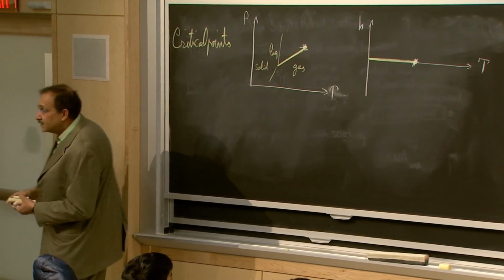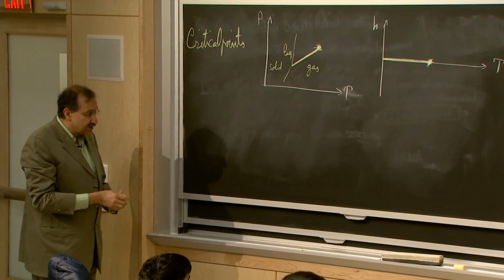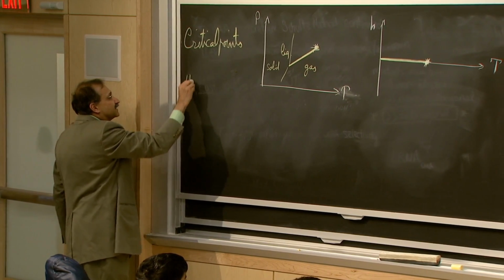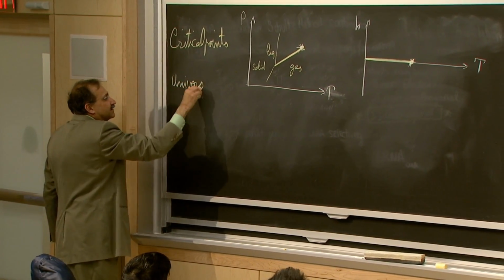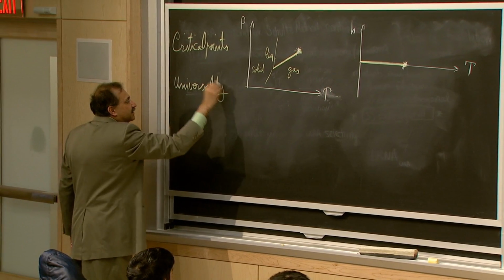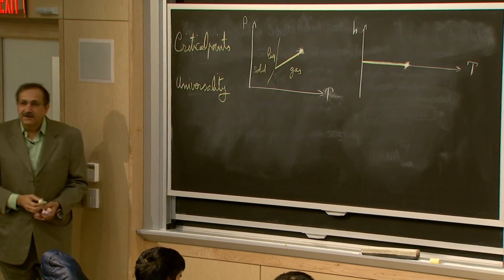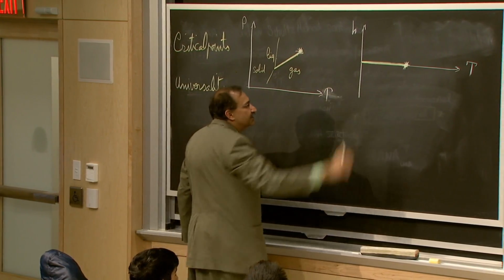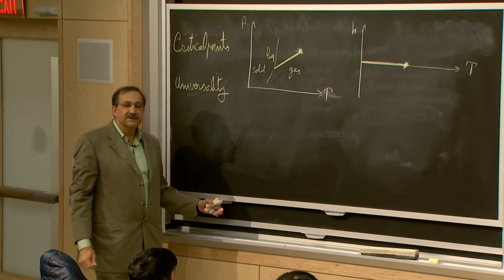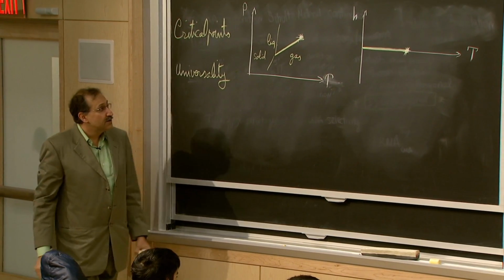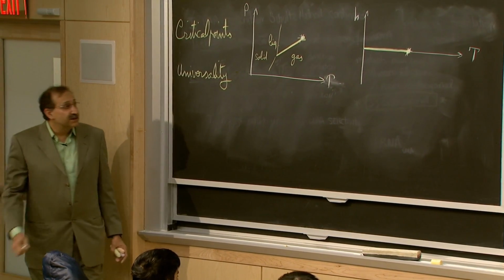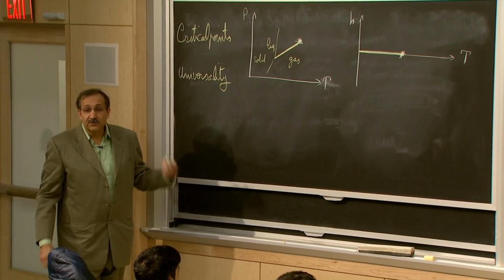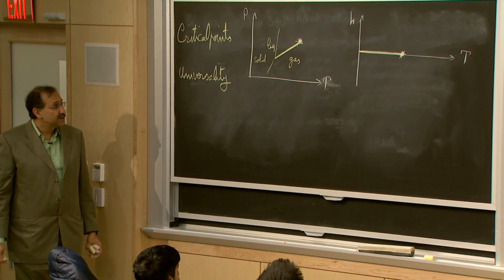And the reason for that was this idea of universality. There are many things that are happening in the vicinity of this point as far as singularities, correlations, etc. are concerned, that are independent of whatever the constituents of the system are.